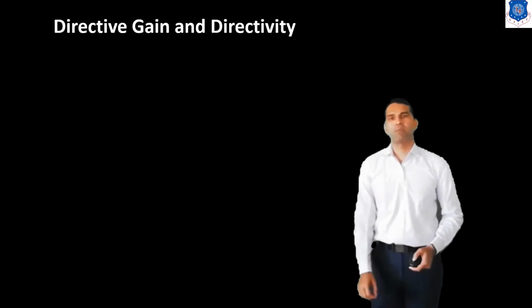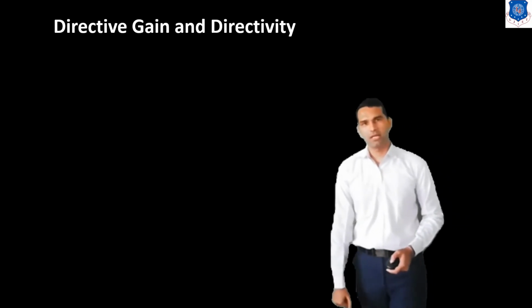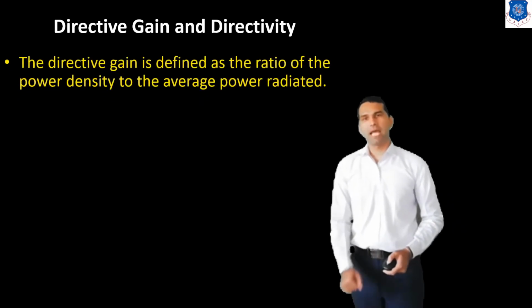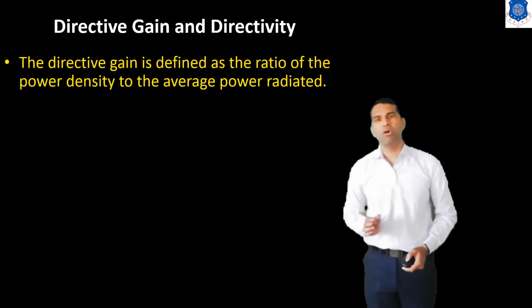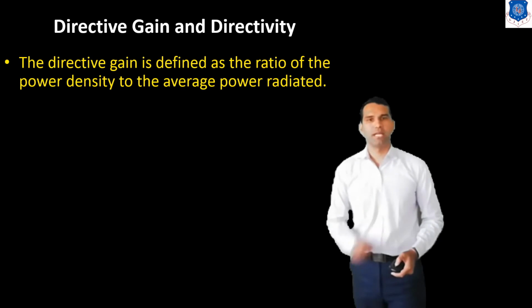Now we discuss the next term, the directive gain, or in other terms the directivity. So what is the directivity? Directive gain is defined as the ratio of power density to the average power radiated.